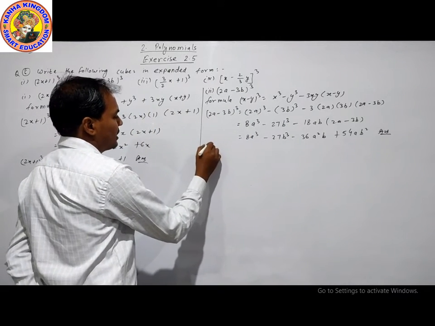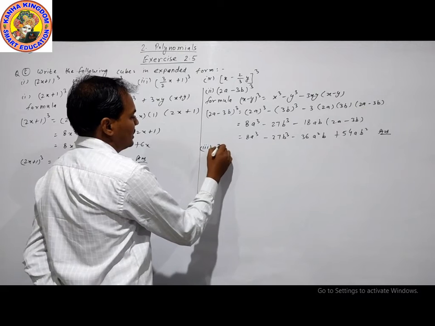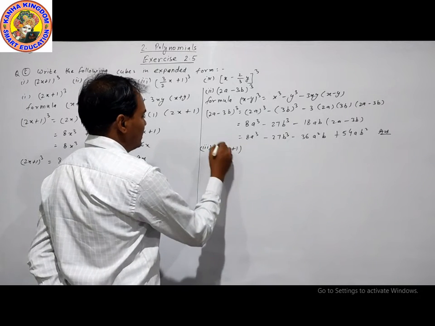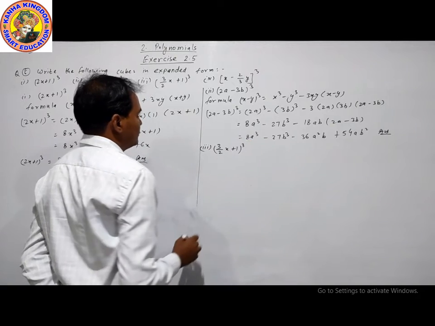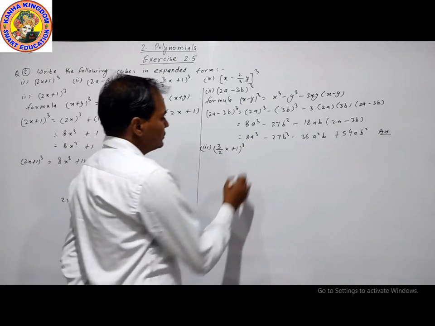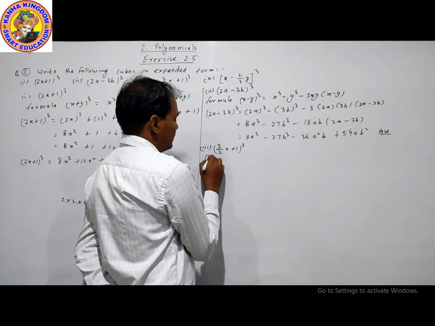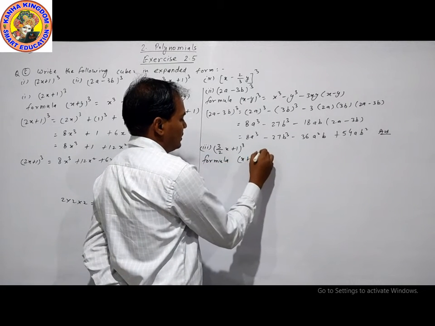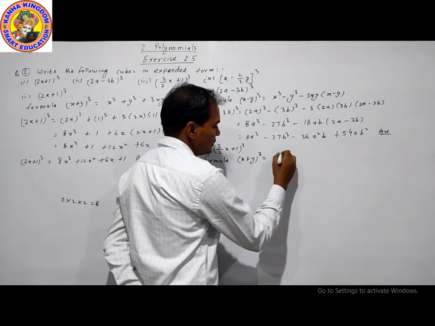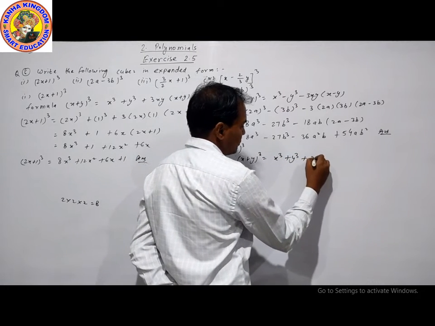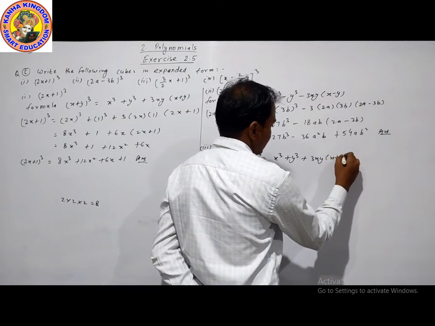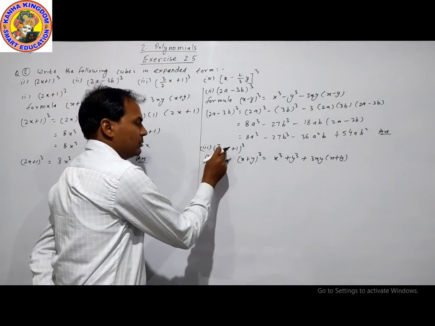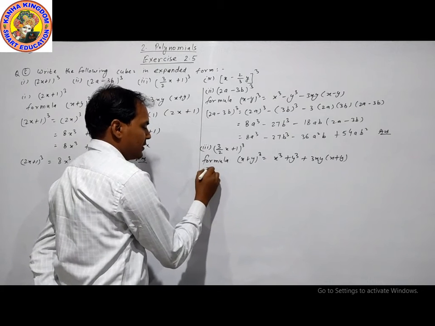Now I am taking the third part. The third one is (3 upon 2x plus 1) cube. Formula: (x plus y) cube is x cube plus y cube plus 3xy (x plus y). Here x is 3 by 2x and y is 1.